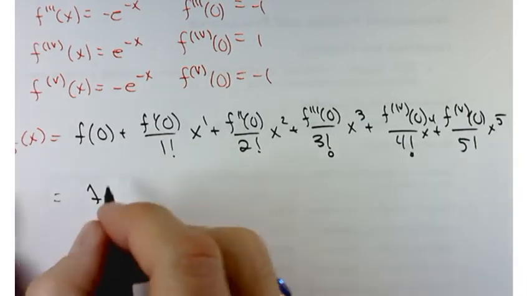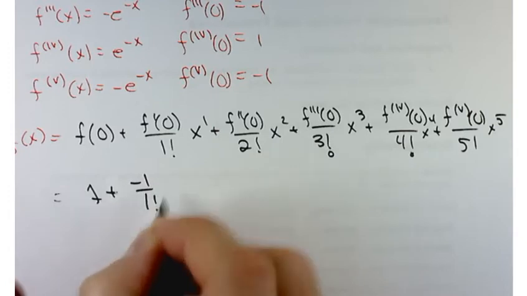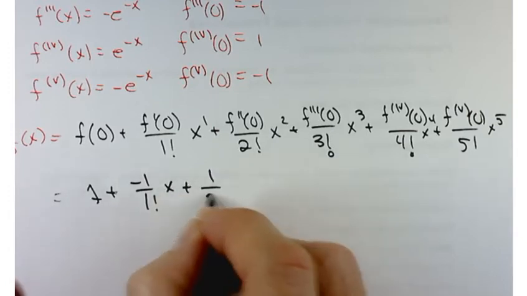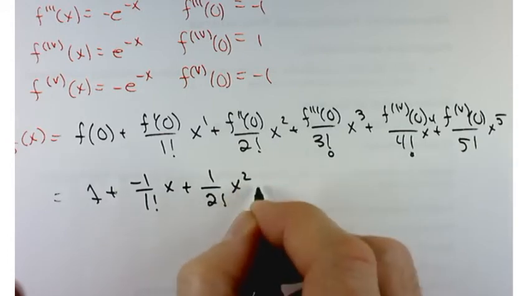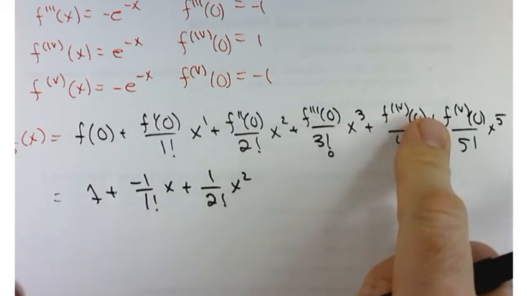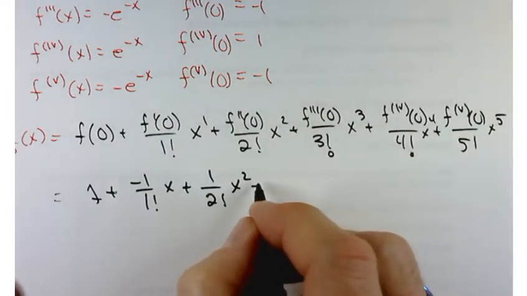Minus 1 over 1 factorial times x plus 1 over 2 factorial times x squared. And remember, up here, these derivatives are just going to be either 1 or negative 1. So it's just going to keep on alternating.